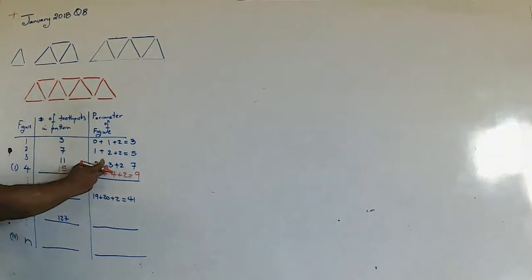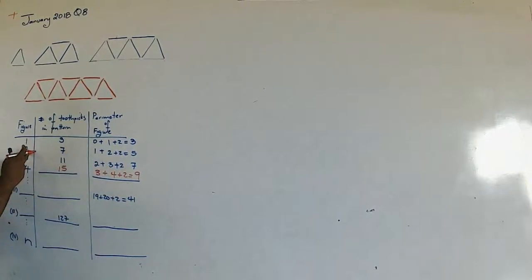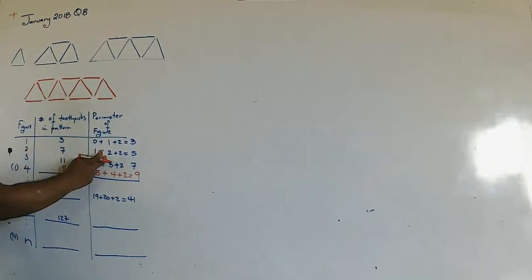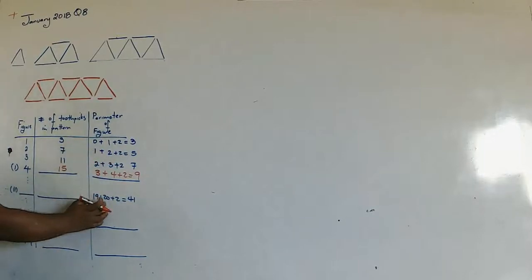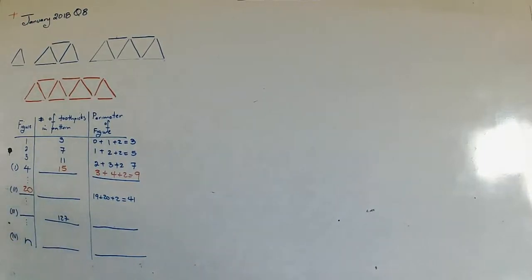The second number is what? Let me know. 2. So what is here? 20. So the number here must be 20. Alright. Now our job is to find out what are here. Alright, can I show you something now?